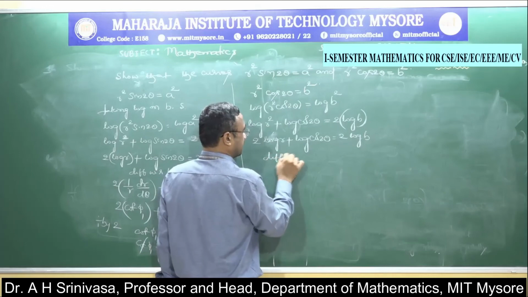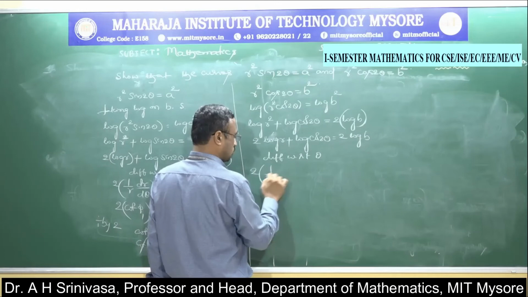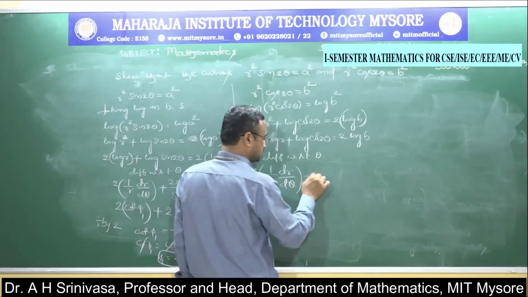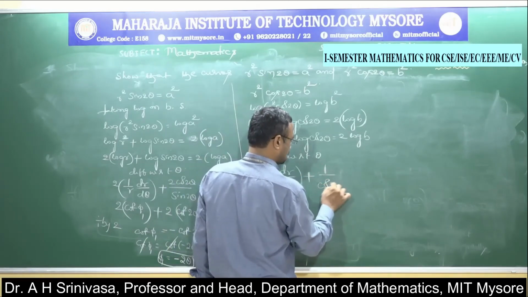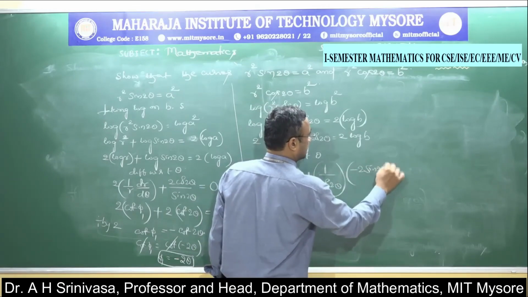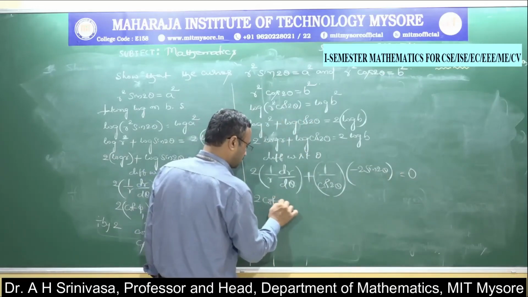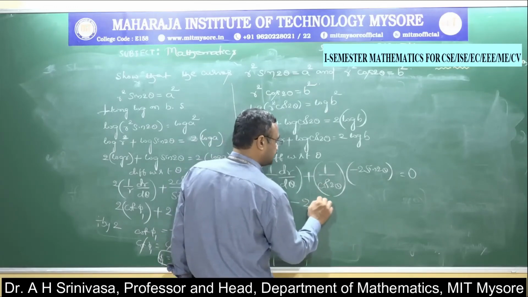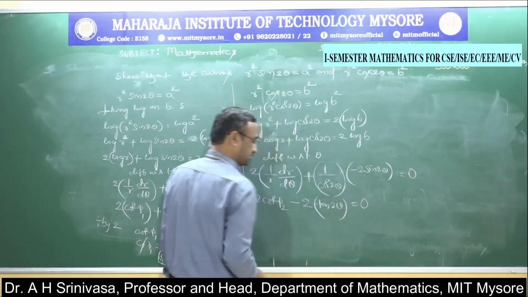Now differentiate with respect to theta. This becomes 2 times 1 by r dr by dθ, now the differentiation of this one, 1 by cos 2θ into minus 2 sin 2θ, equal to 0. This is 2 cot phi 2 plus, into minus 2 tan 2θ, equal to 0.